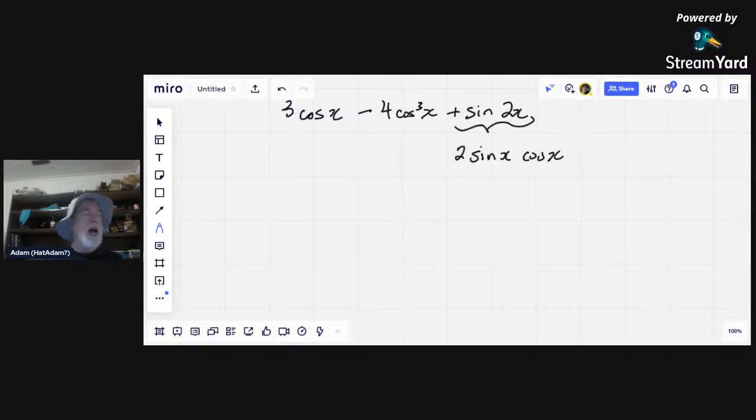Okay, now we can factor out the cosine x. Factor that out, we get a 3 here, minus 4 cosine squared x plus 2 sine x.